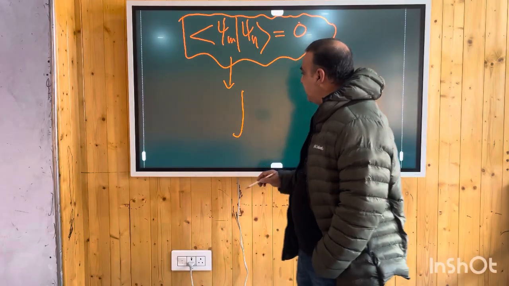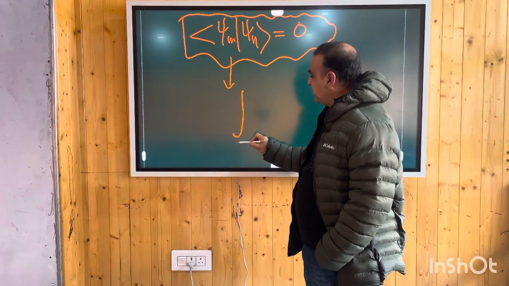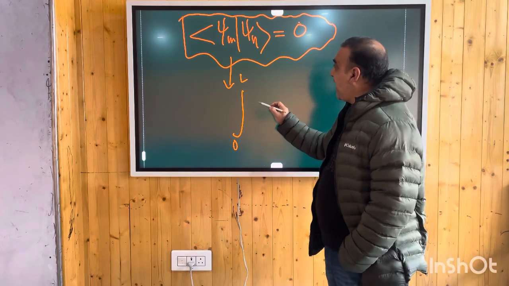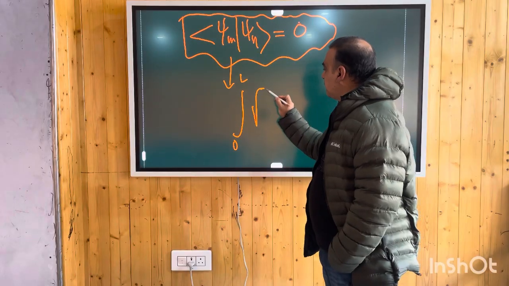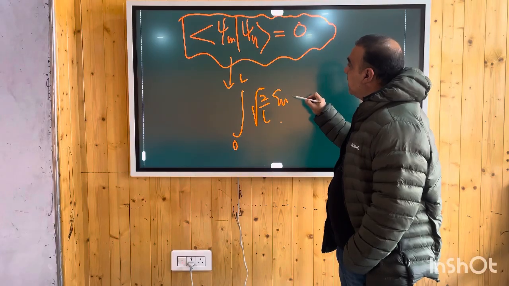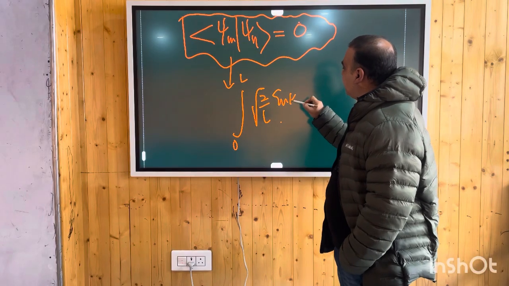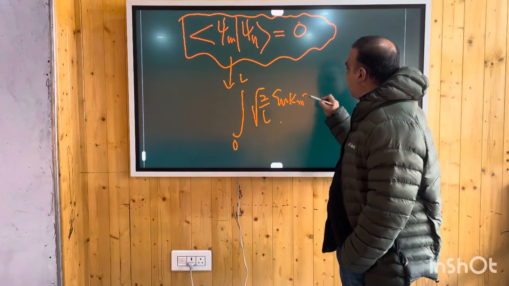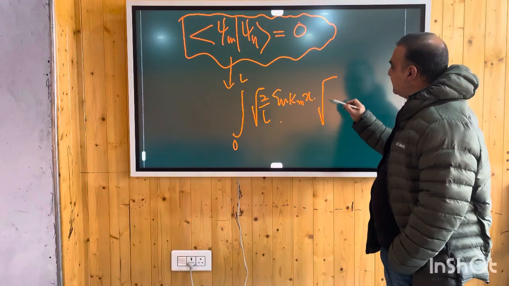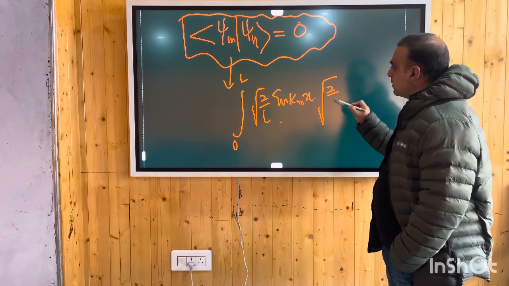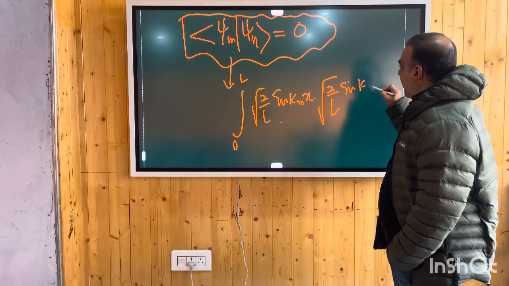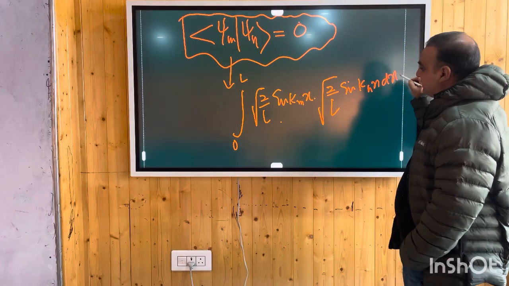It will look like the integral from 0 to L of under root of 2 by L sine k m x, to make my calculation simple, and then again under root of 2 by L sine k n x dx.